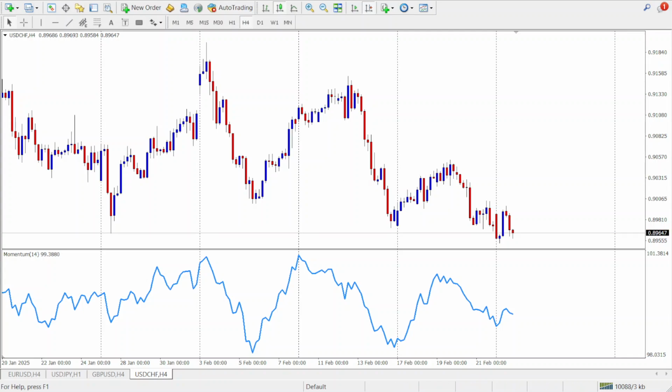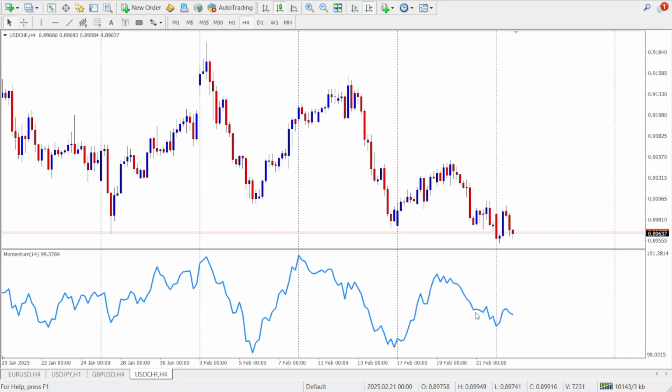Now, what is the momentum indicator? The momentum indicator is a technical analysis tool that helps traders measure the strength of price movements. Instead of focusing on just price direction, the momentum indicator tells you how strong or weak a trend is, which can help you make smarter decisions. So here's how it works. The indicator calculates the speed at which price is moving. When the momentum is high, it signals strong market movement in a certain direction.